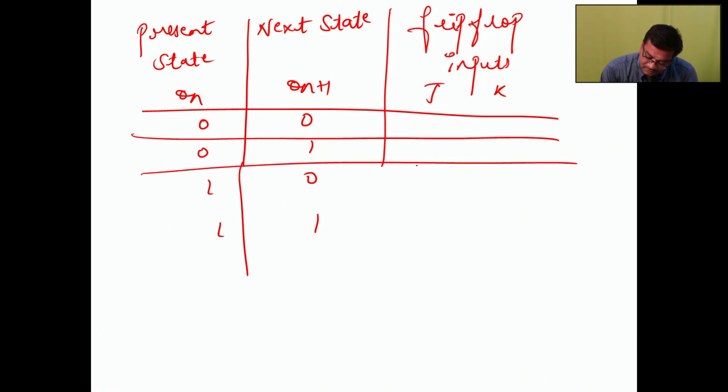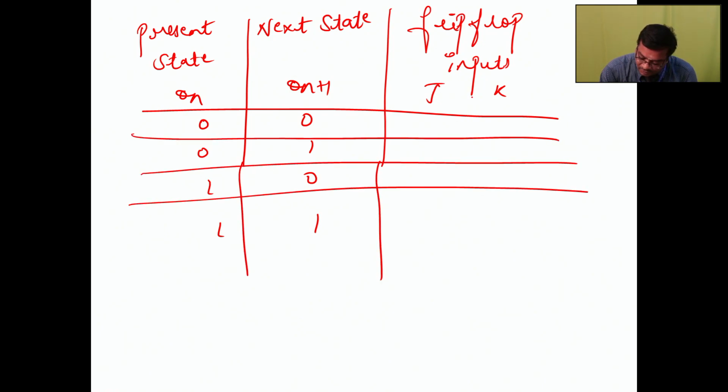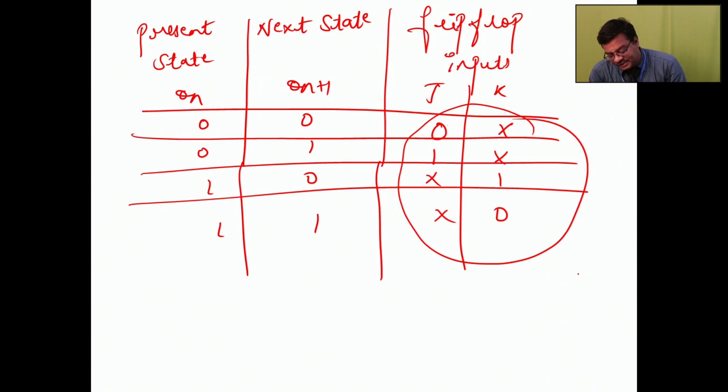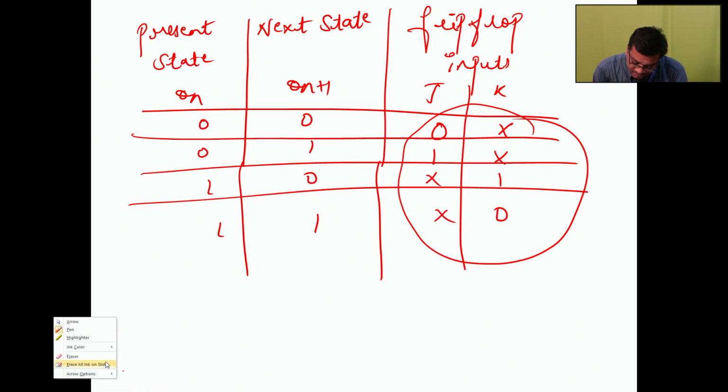The inputs are 0, don't care; 1, don't care; don't care, 1; and don't care, 0. We have to thoroughly know this excitation table while we are solving the problem for counters. While you determine the present and next state, the flip-flop inputs are determined by using this excitation table. We have to thoroughly note all these things.